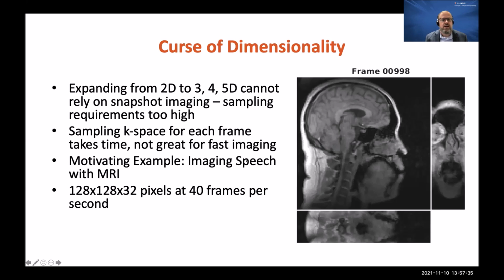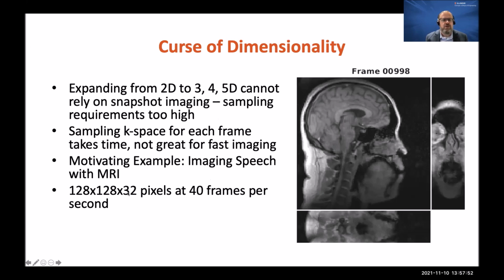So I'm going to give you a motivating example from this data set, which is the matrix size here is 128 by 128 by 32. I think it'd be interesting to talk about matrix size differences with our two domains. I think MRI is getting up to 1,000 in one dimension, but that's about as big as we go right now.